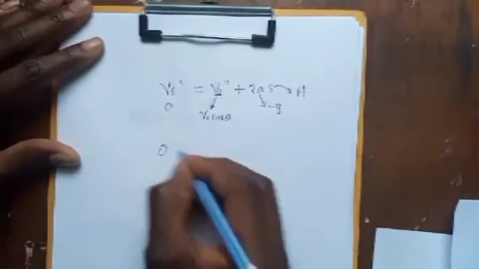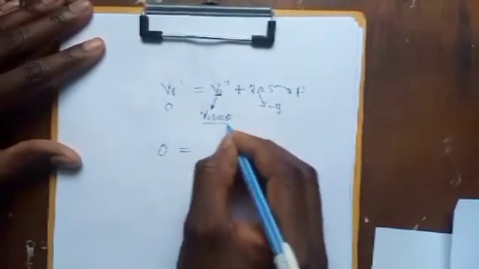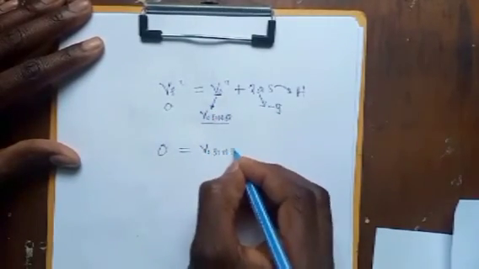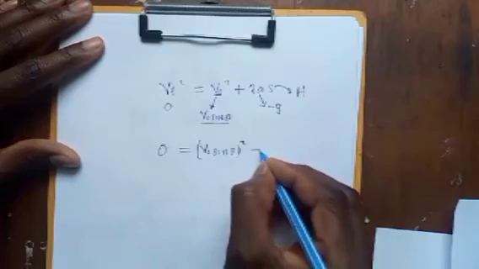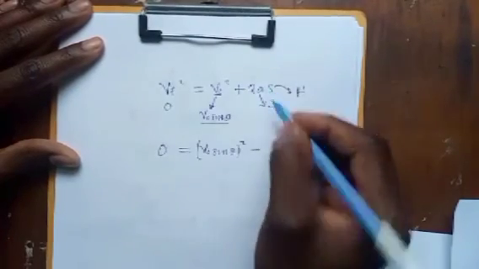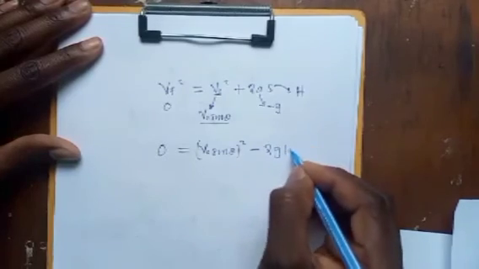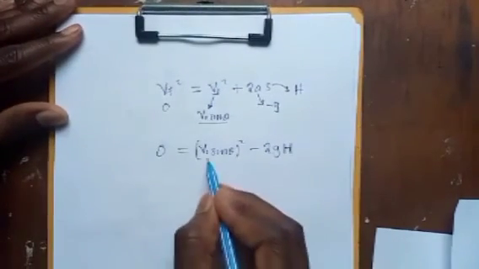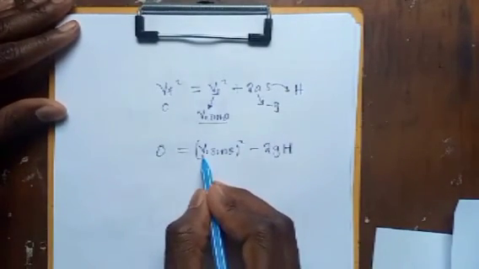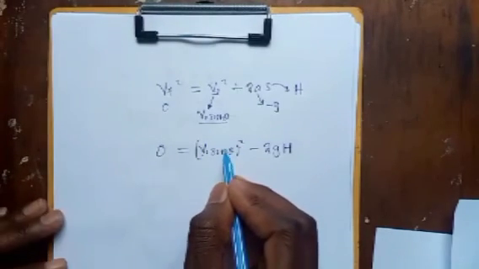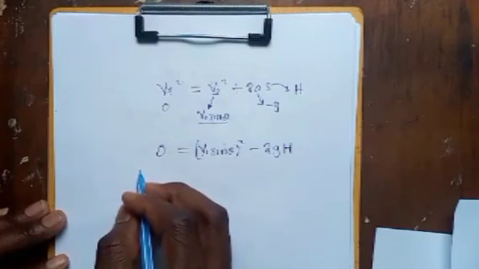So I'll say 0 has to be equal to, if you take this and replace there, we're going to have v initial sine theta square minus, because if you take this one to that side, you are going to have minus 2gh. Remember, we don't square the theta, we only square the identity which is used on the part of theta.